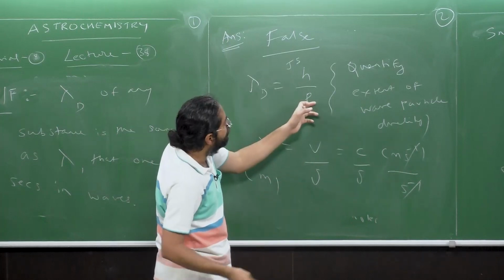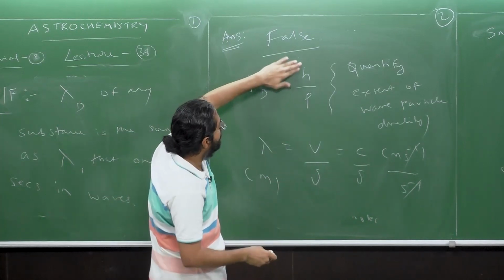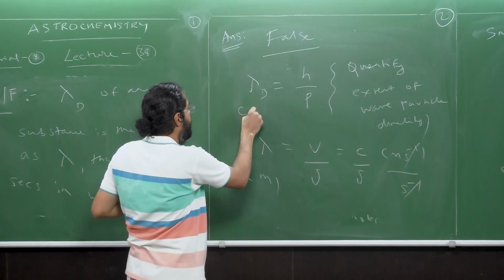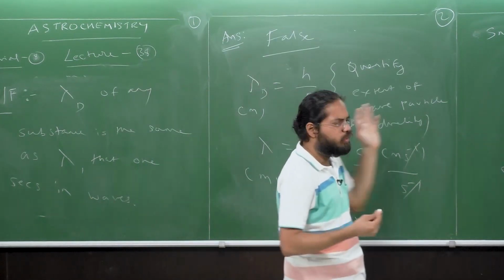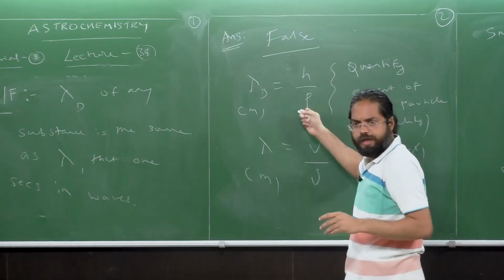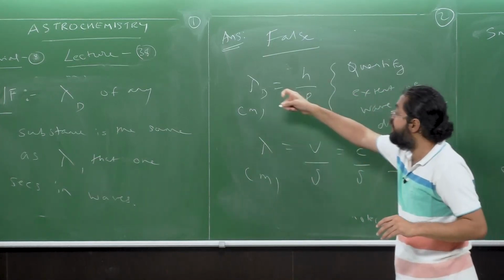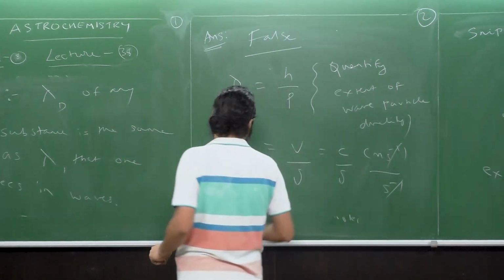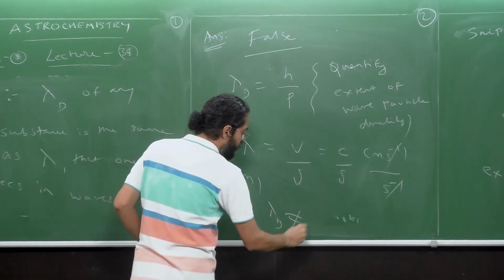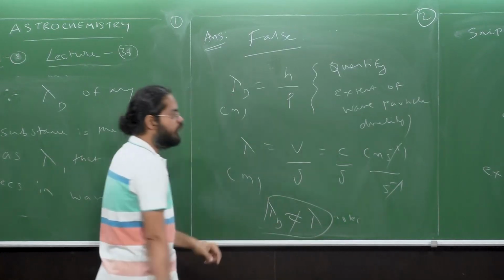This is mass times velocity, and when you cancel the units, it's going to be meter, in a different way. We've of course derived the units in the lecture itself, so I'm not going to repeat it. So this is not the same as this. Your lambda d is not the same as lambda, as you can see from the math itself.